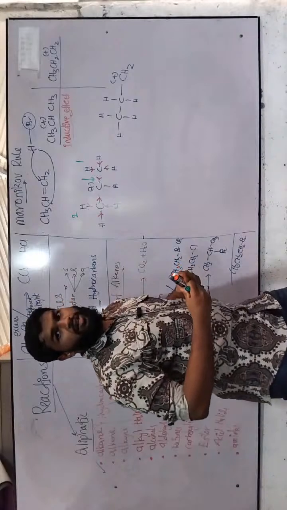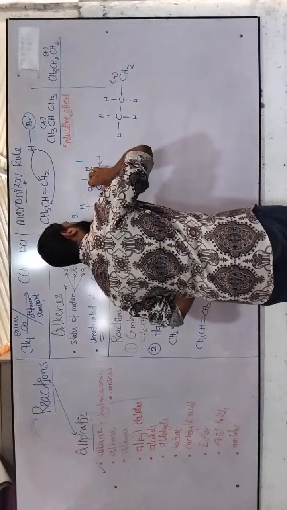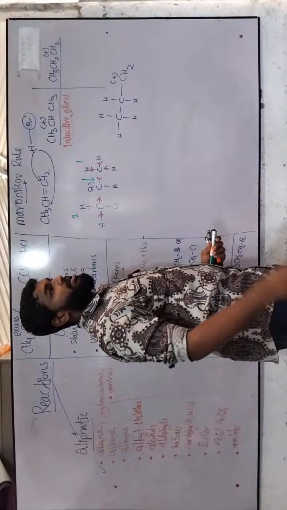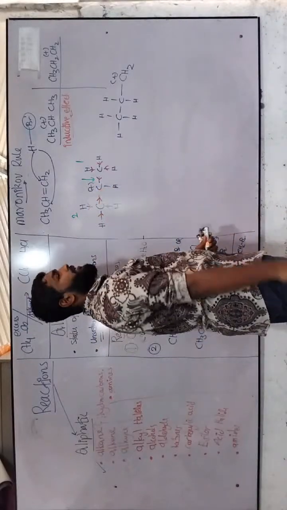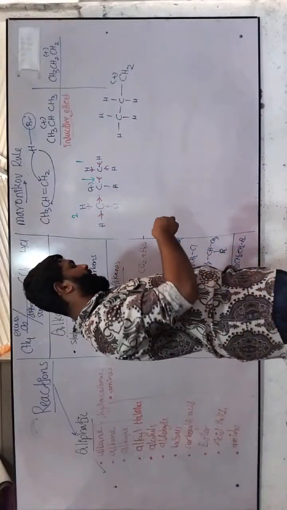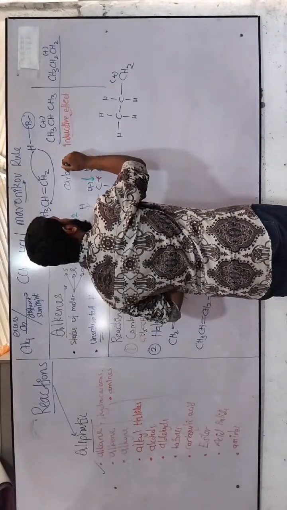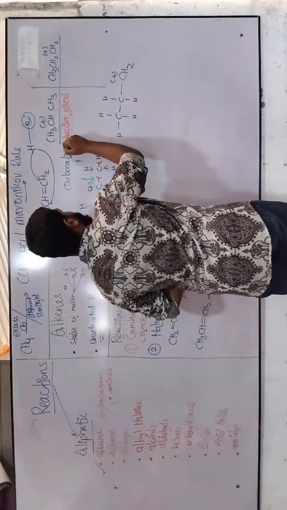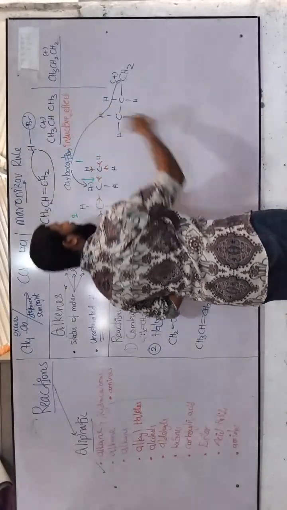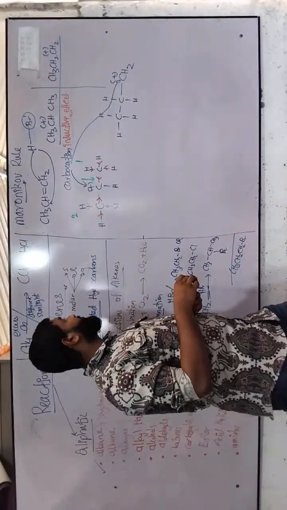The lower the positive charge on this carbon, the more stable the carbocation becomes. So this charged carbon is called a carbocation. This is also a carbocation, and this is also a carbocation.